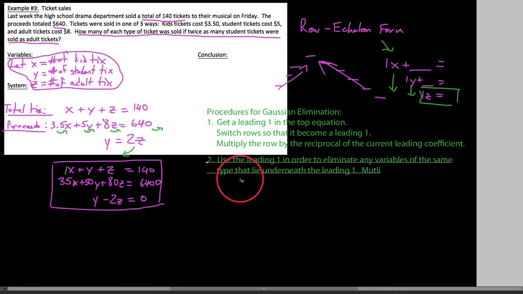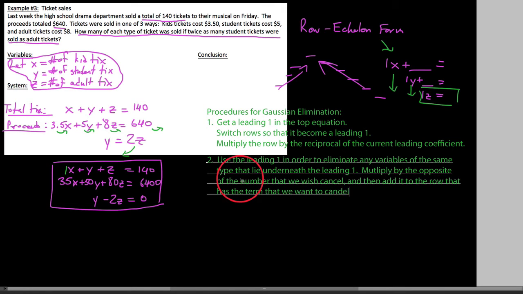So we're going to multiply by the opposite of the number that we wish to cancel, and then add it to the row that has the term that we want to cancel.